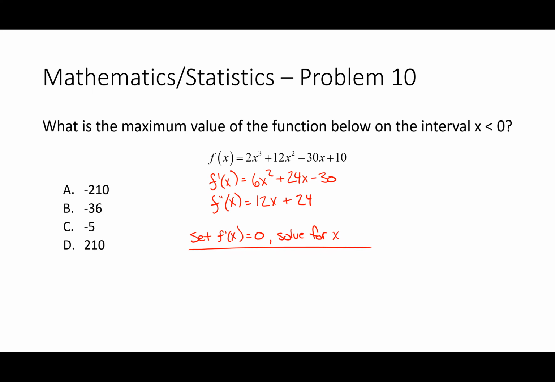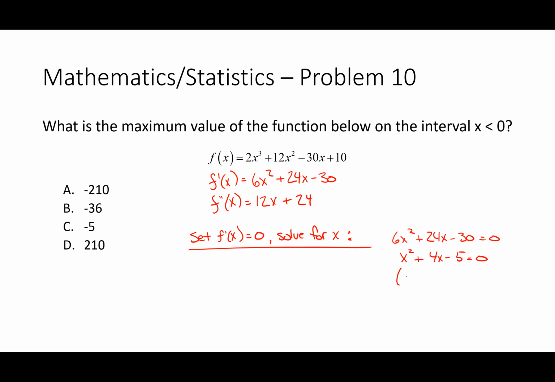Okay. So what do we got here? 6x squared plus 24x minus 30 is 0. So I can divide the whole thing by 6. x squared plus 4x minus 5 is 0.